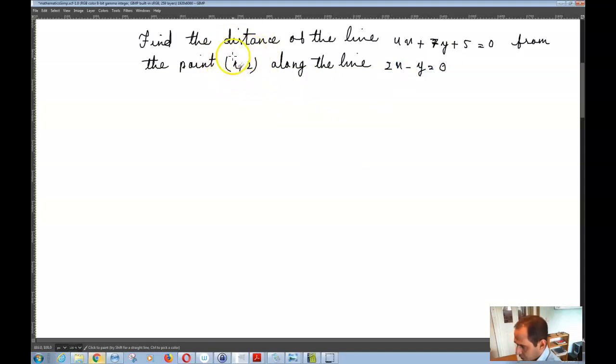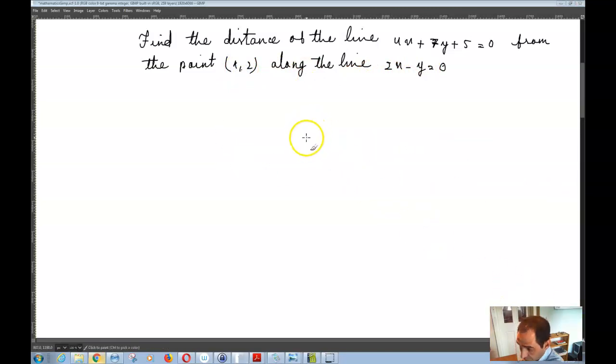That means that this point must lie on this line. Let's see, 2 times 1 minus 2 is equal to 0. That is right. So this point actually lies on this line.